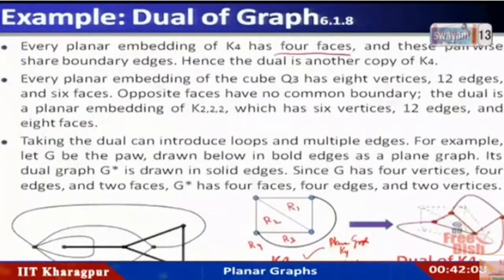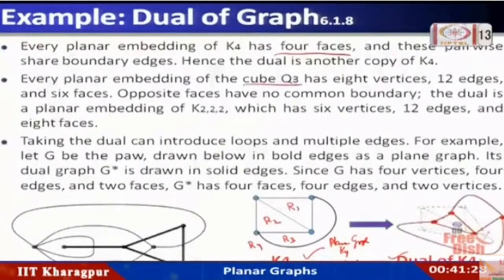It has 4 faces and these pairwise share the boundary edges. Hence the dual is another copy of K4. If we draw the dual of this particular graph, for every face there will be a vertex. So you see that there are 4 different vertices of the dual graph, and for these boundaries, which are bounded by an edge in G, there will also be an edge which will connect those vertices, so that is shown over here, the dual graph.